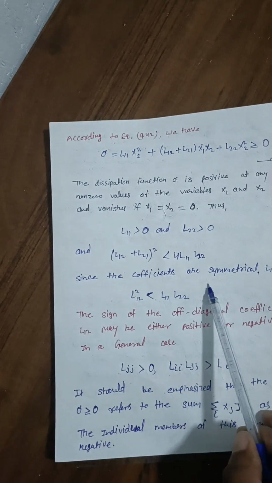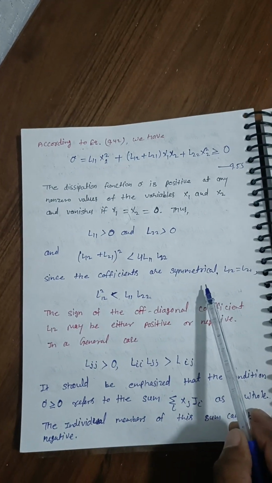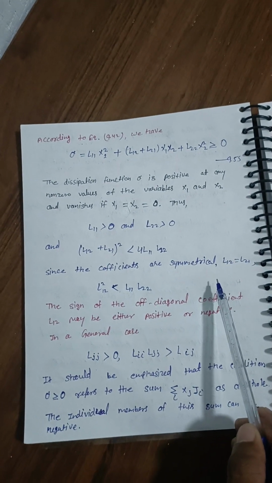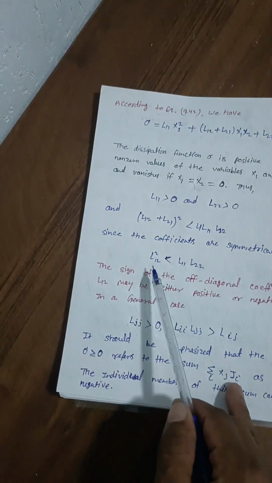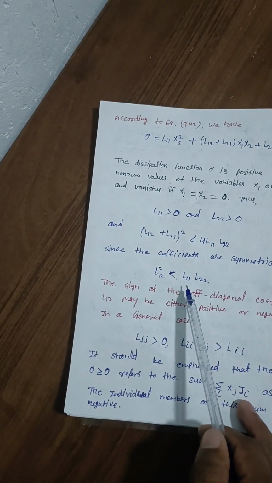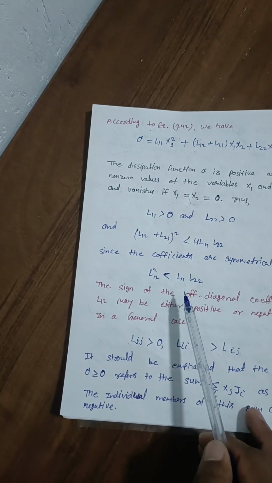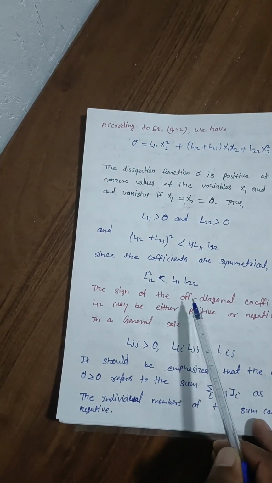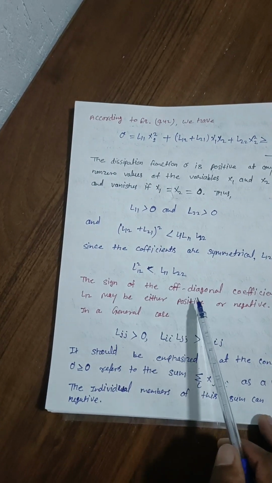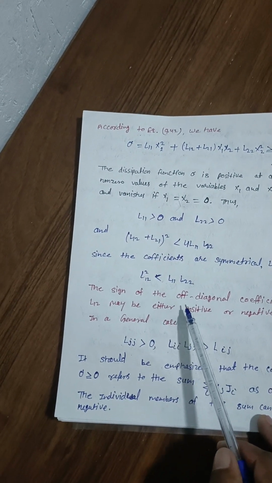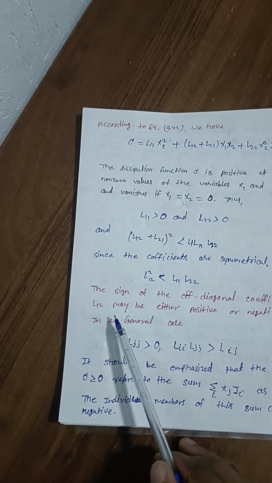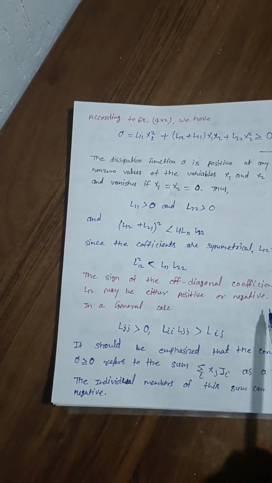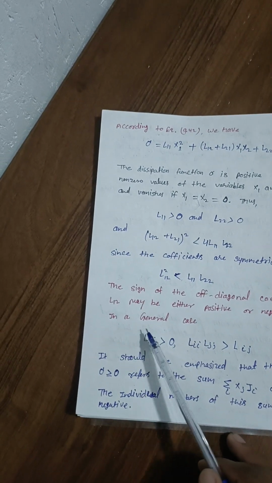Since the coefficients are symmetric, L12 = L21, and L12 is less than the square root of L11 L22. The sign of the off-diagonal coefficient L12 may be either positive or negative in a general case.